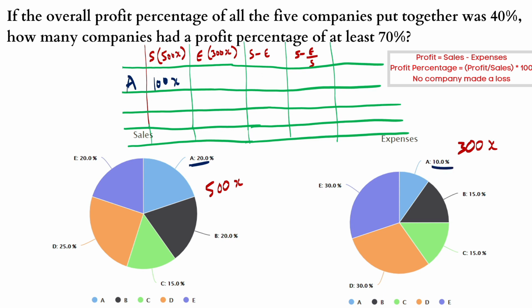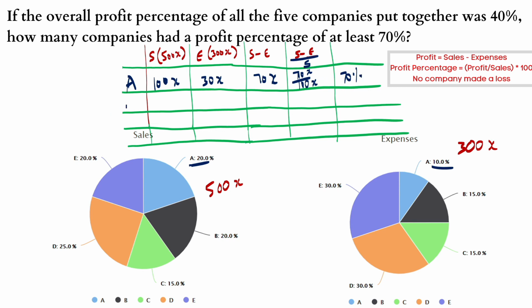So 10% of 300x is 30x. And S minus E, the difference, is 100 minus 30, which is 70x. And S minus E by S is 70x by 100x, so the value here is 70%. The value for A is 70%.